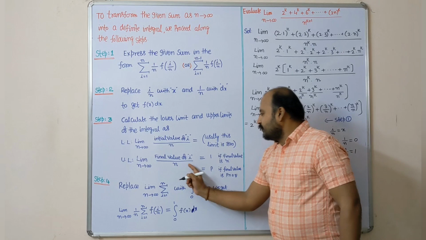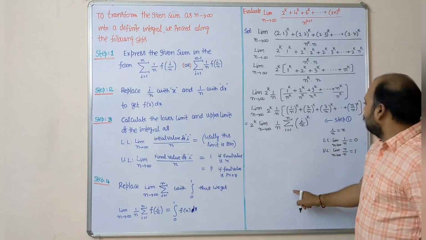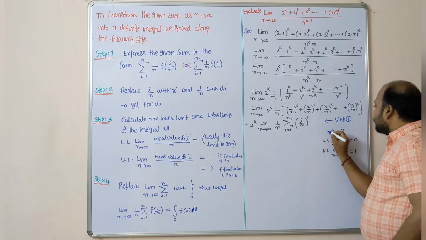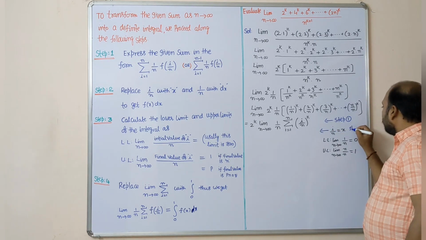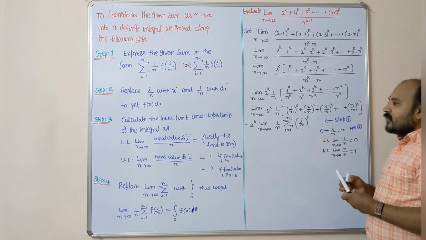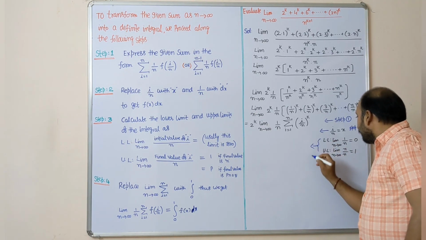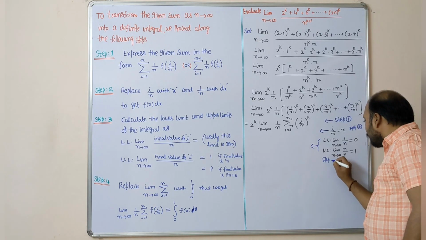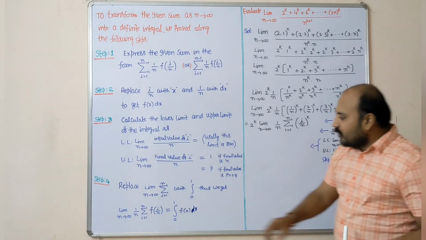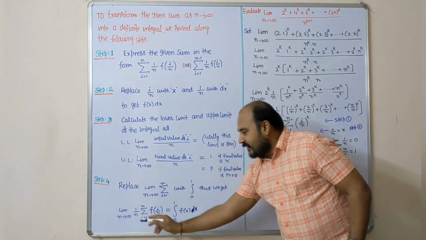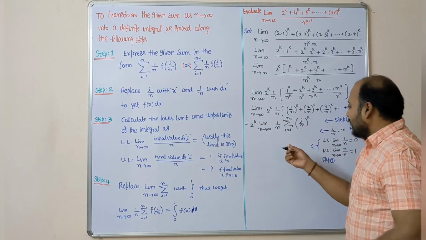Now come to step 4. Step 1 completed, step 2 also completed here. This is step 2. This is about step 3, these two. In step 4, what we have to do? Limit n tends to infinity, 1 by n in terms of integration.